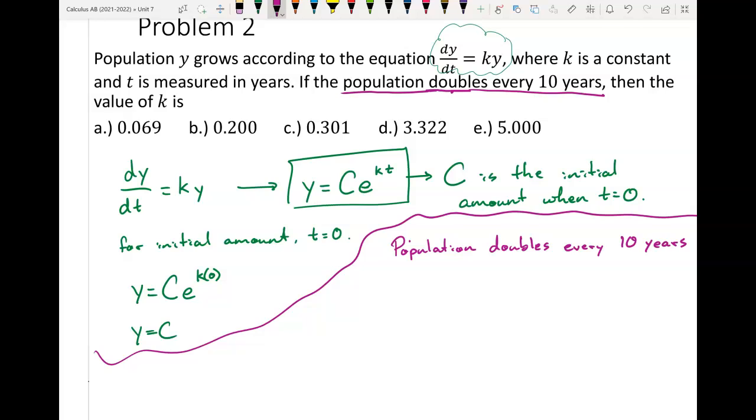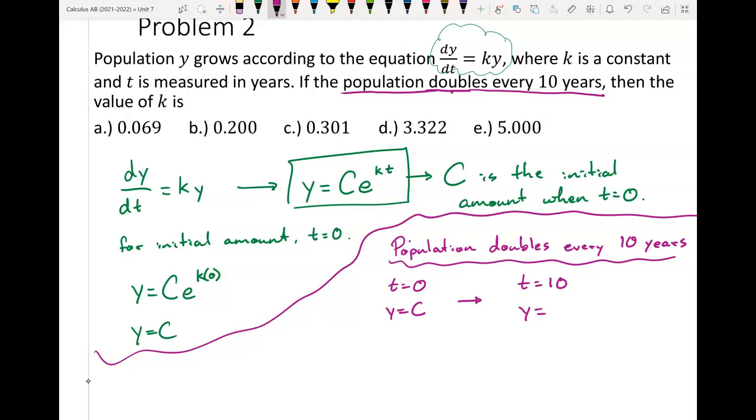Now, if this is the case, then if t equals 0 means that y is equal to c, then when t is equal to 10, what do you think y is equal to?